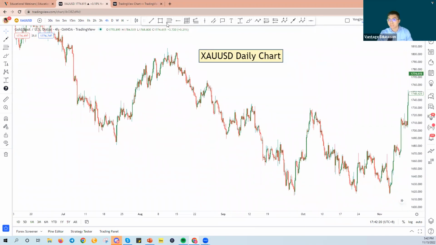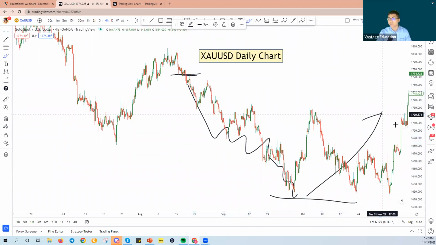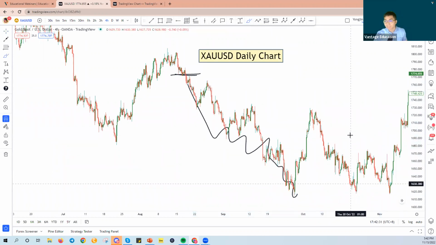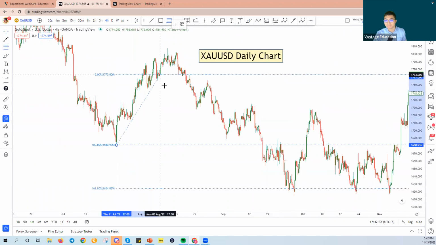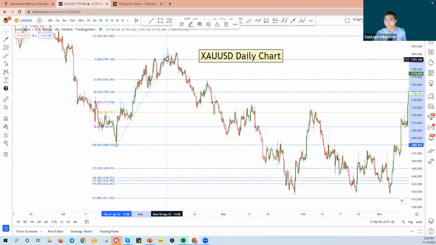So let's say I'm looking for a short, let's say I was already in a short right here. I want to see where price might potentially continue heading downwards before it potentially bounces back up. To do so, I can use a Fibonacci line from the bottom, draw all the way up. So I show all settings, all fibs.